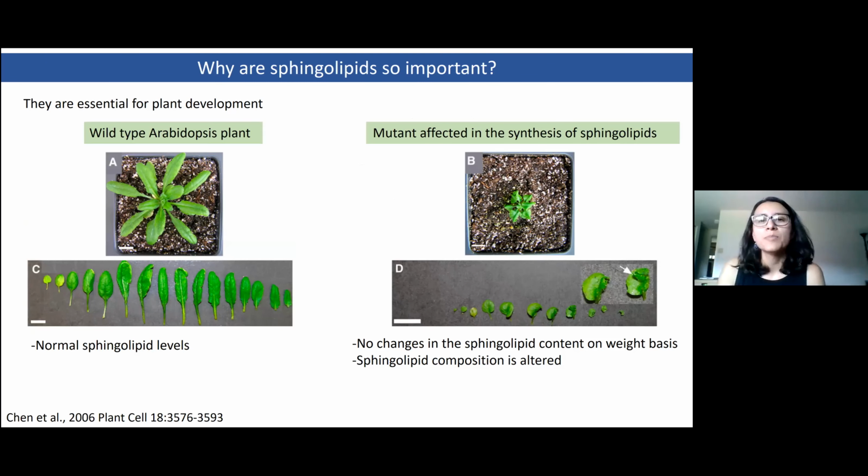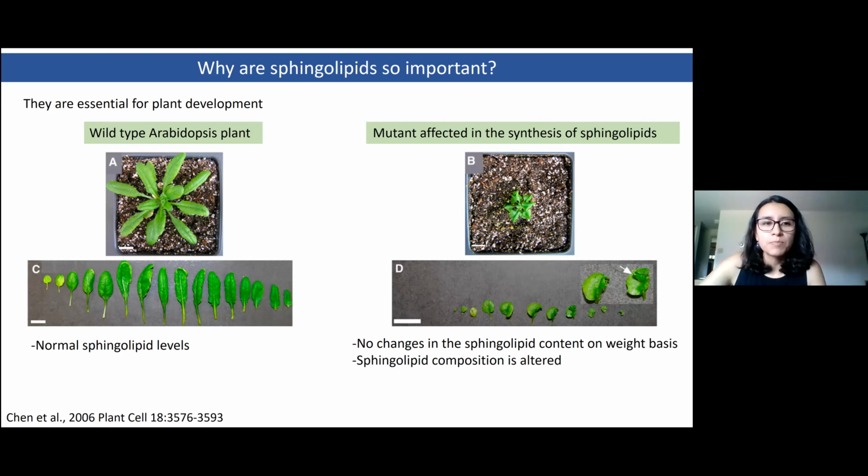So then, why are sphingolipids so important and why do we care about studying them? Here I'm going to show you one example of why they are essential for plant development. On the left, we have an example of a wild type Arabidopsis plant. This is our reference plant, growing under normal conditions of light and water, without stress.